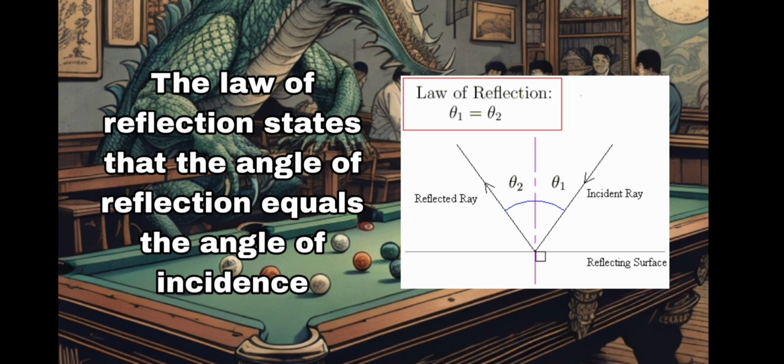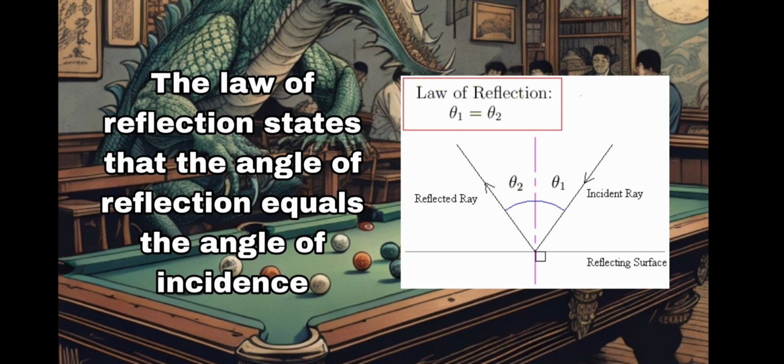That direction is going to be the incident ray, and then the direction that it banks off of the reflecting surface is going to be the reflected ray. So the angle of reflection is equal to the angle of incidence.